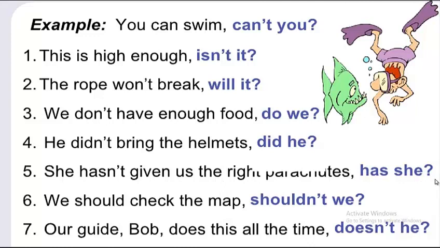Has she? The sentence is in negative form, so we use the question tag in affirmative. We should check the map. Should, shouldn't, etc. My dear students, our guide Bob does this all the time, doesn't he?